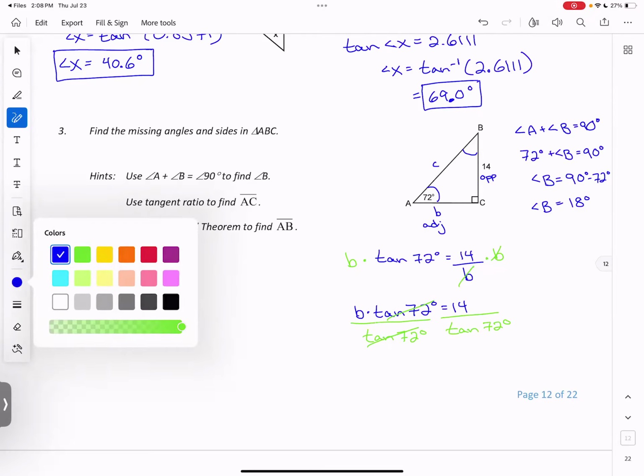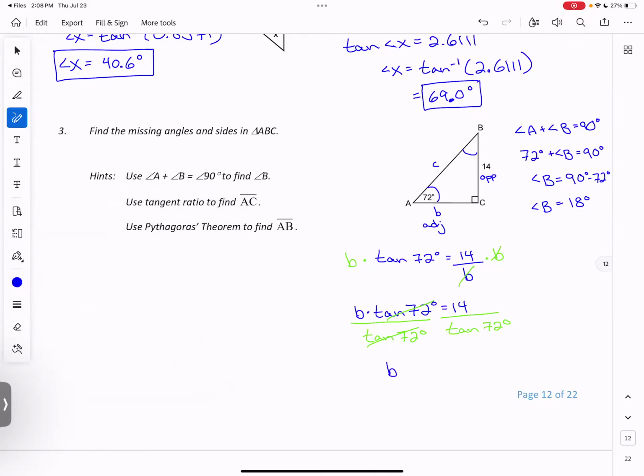All right, and so that gives me b equals 14 over tan 72, which they haven't told us what to round to, so I'll round to the nearest tenth as 4.5.